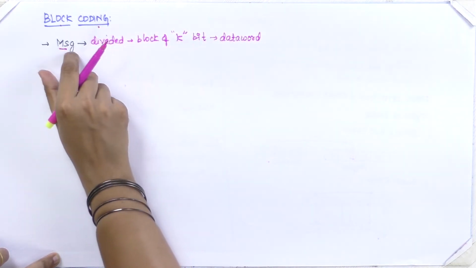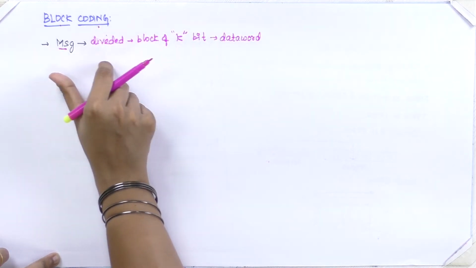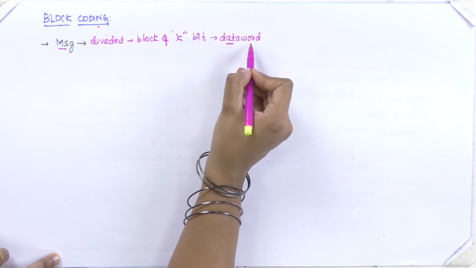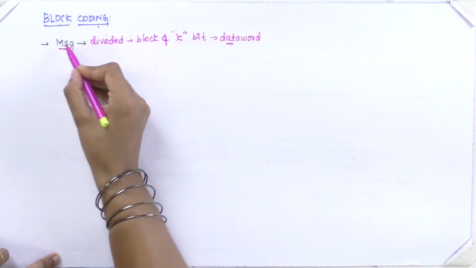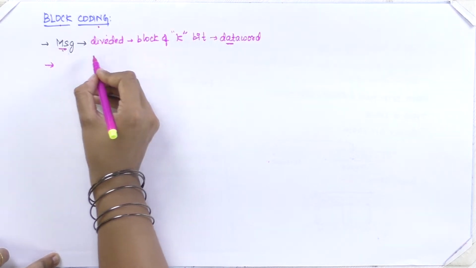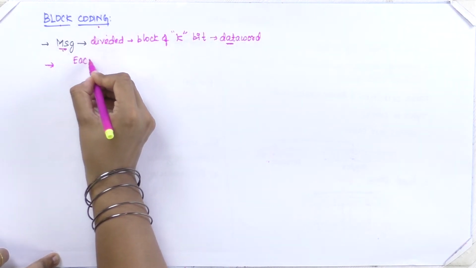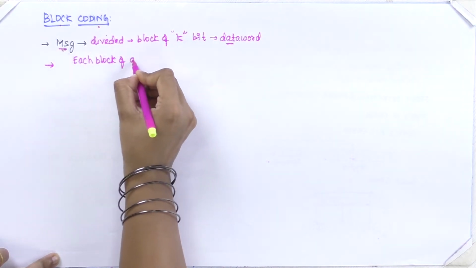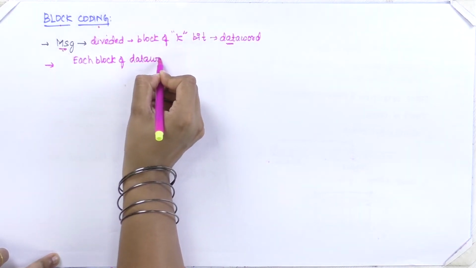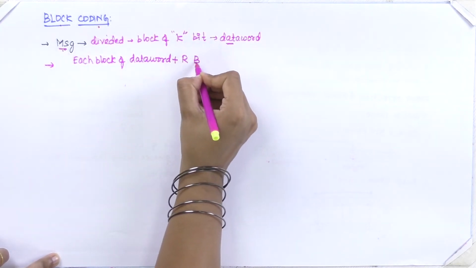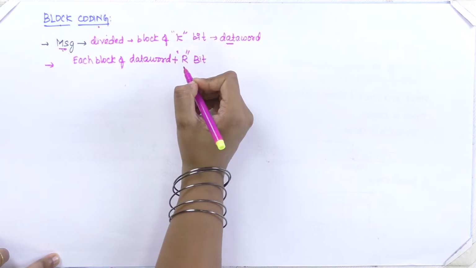So first you divide the original message into as many blocks as you wish, and you call each one an actual data word, which means your original message. Next, for each block of your data word, you add the redundant bits, which are your r bits.